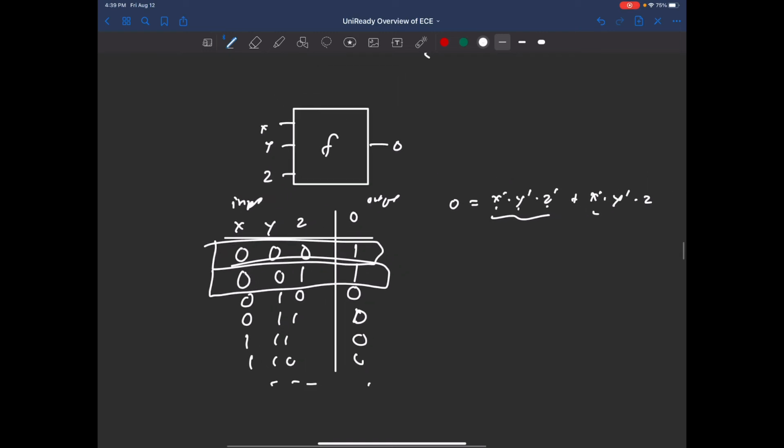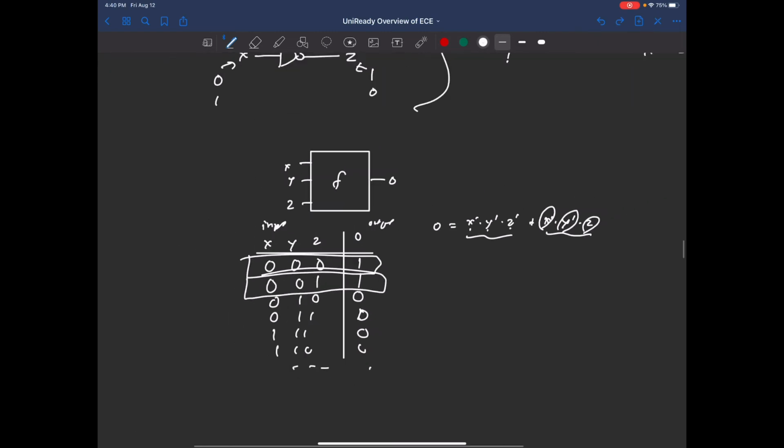So in this case, this will only equal 1 if not x and not y, but and z. It's not and not z, it's just and z. So this will only be equal to 1 if x is 0, y is 0, and z is 1. And for any other combination, you're going to have 0.